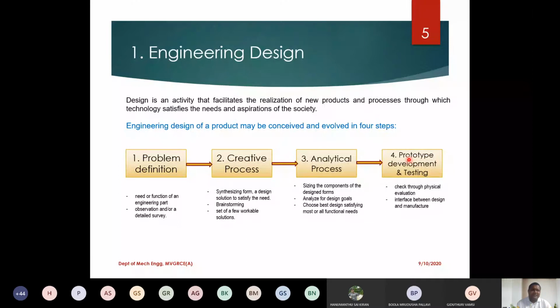As I told you, engineering design is a creative process, which means generally people use this particular term for concept development.